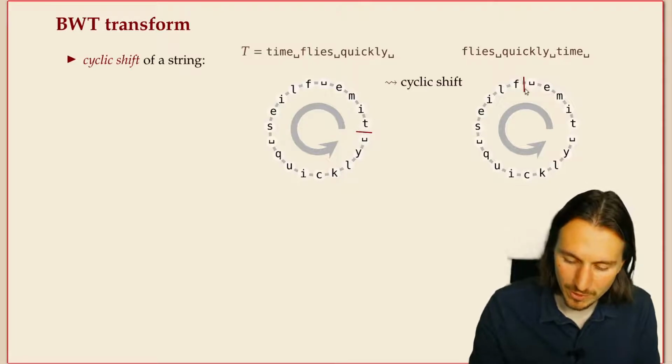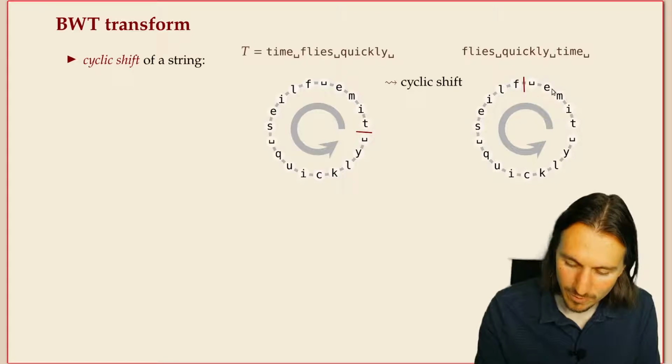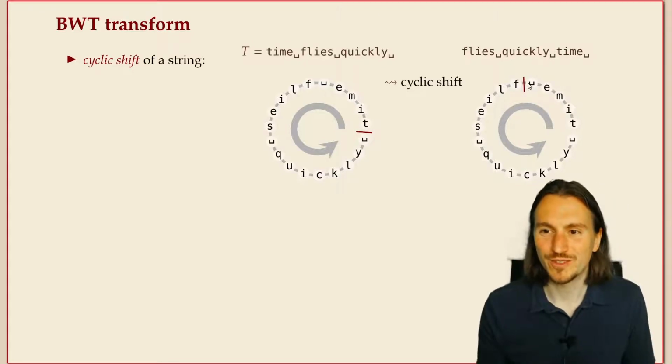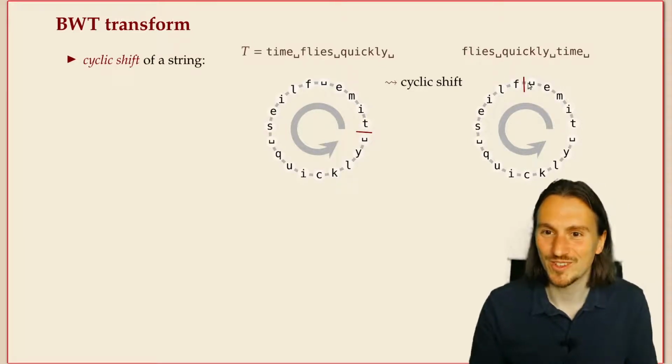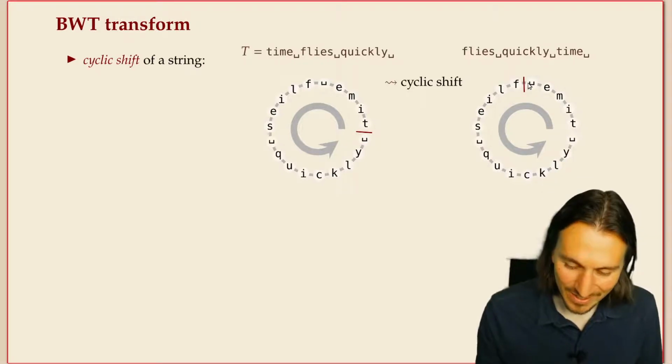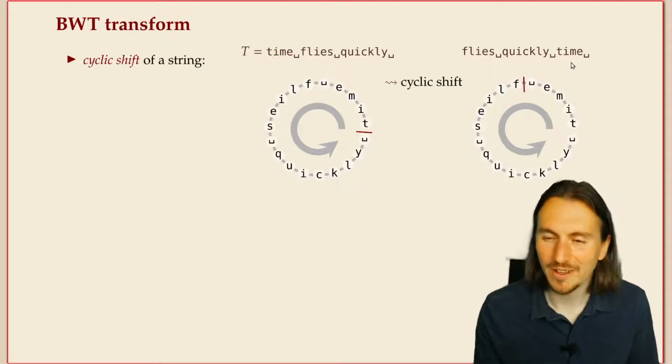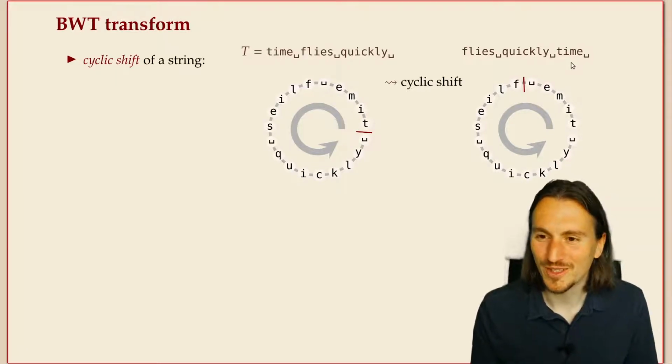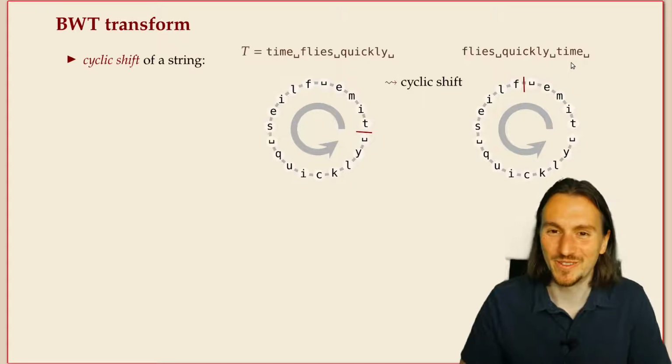I can move the starting position to some other point, and then I start reading the text from here. That's a cyclic shift, cyclic because it's on the circle. I think it's intuitive enough. And so one cyclic shift of this string is flies quickly time. Not sure if that's a sensible sentence, but it's the best example I could come up with.